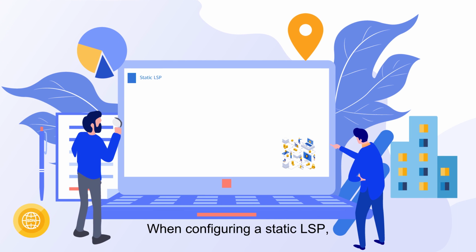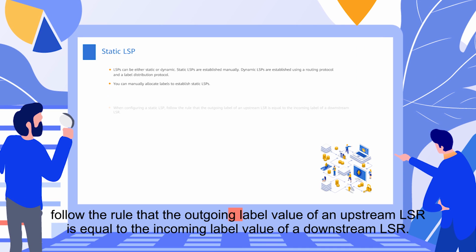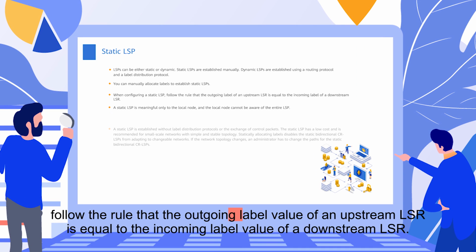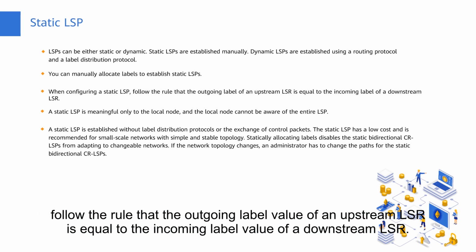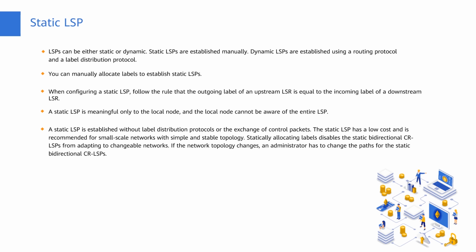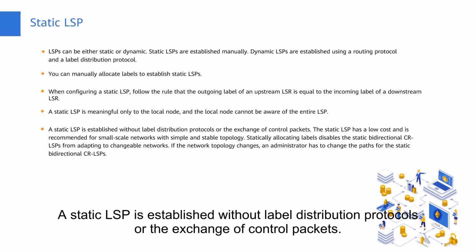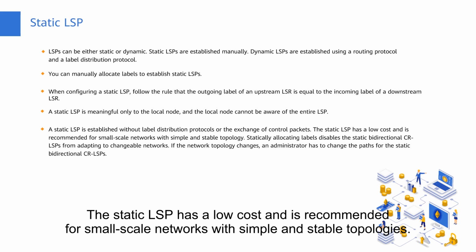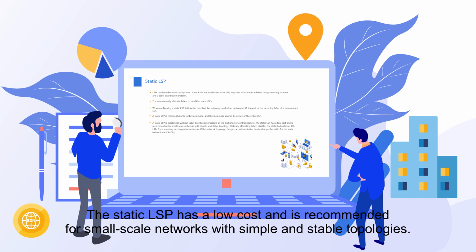When configuring a static LSP, follow the rule that the outgoing label value of an upstream LSR is equal to the incoming label value of a downstream LSR. A static LSP is established without label distribution protocols or the exchange of control packets. The static LSP has a low cost and is recommended for small-scale networks with simple and stable topologies.